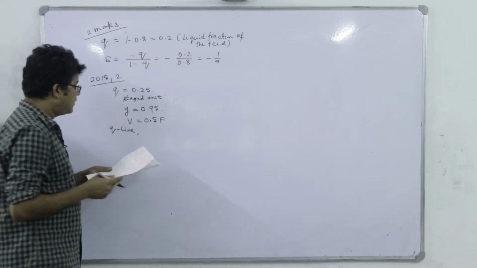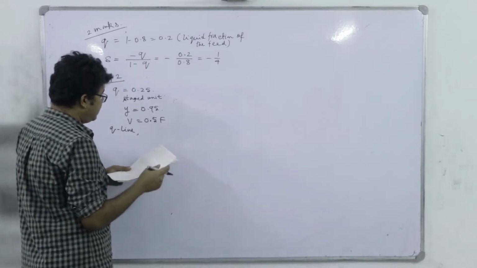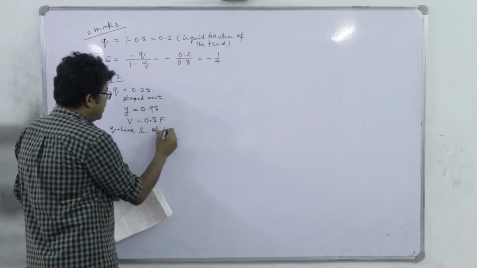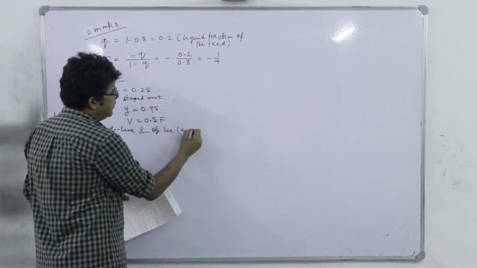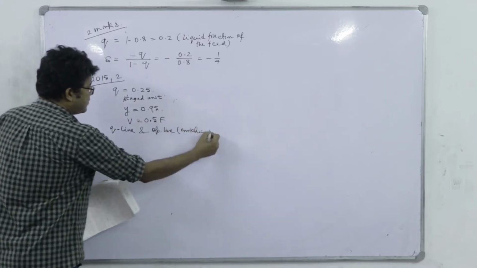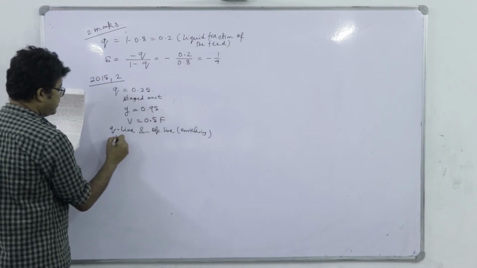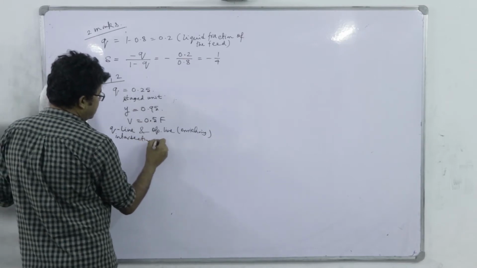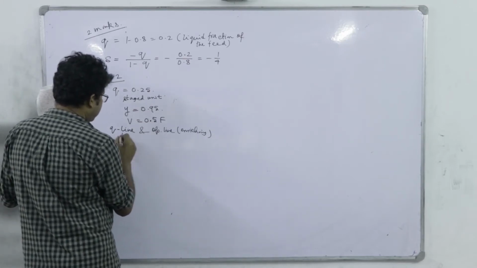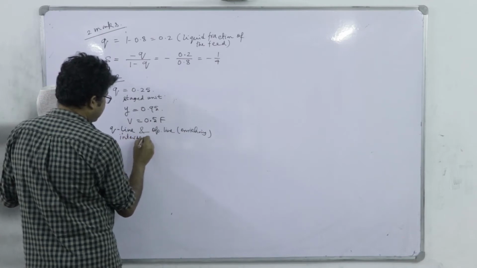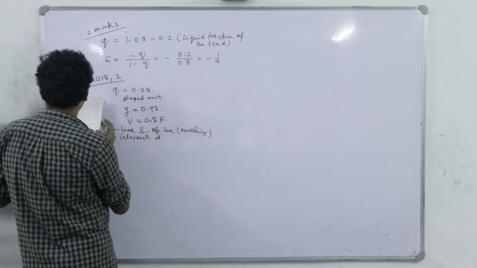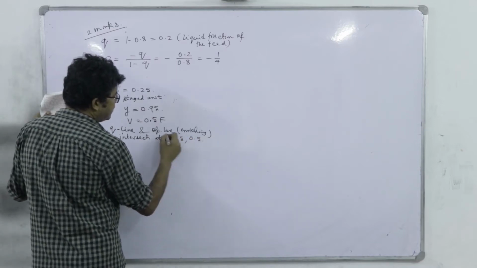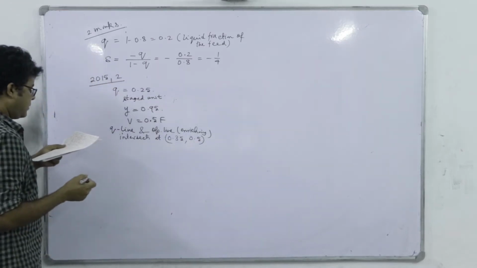The q line intersects the operating line of the enriching section, enriching means rectification, at 0.35, 0.5, right, in the XY diagram.